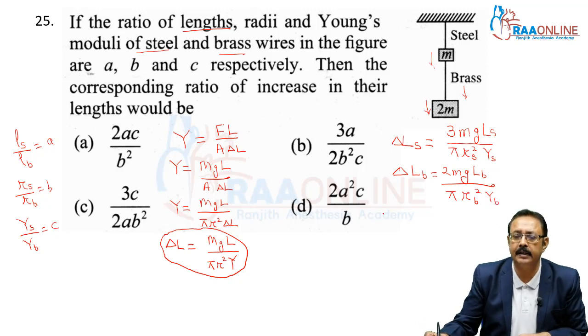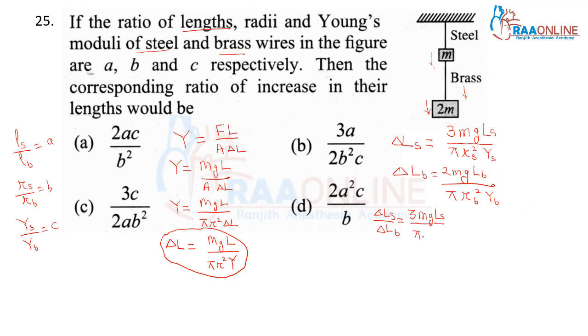Now divide delta Ls by delta Lb. First I am writing 3mg Ls divided by pi rs square Ys, into, reversing the ratio of delta Lb, pi in numerator, rb square Yb divided by 2mg Lb.